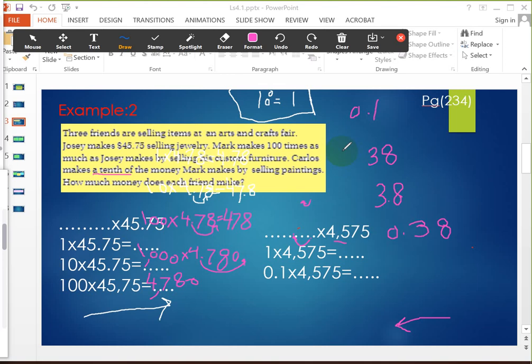If I said hundredth without any number, that's mean 0.01. If I said thousands without any number, that's mean 0.001. If I didn't mention a number, just tenth, that's mean you have 0.1.